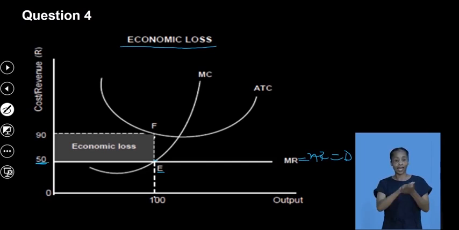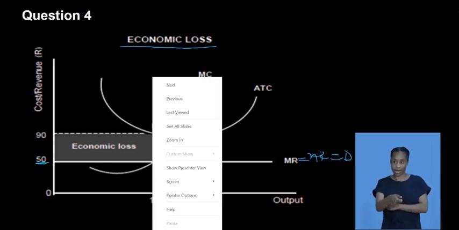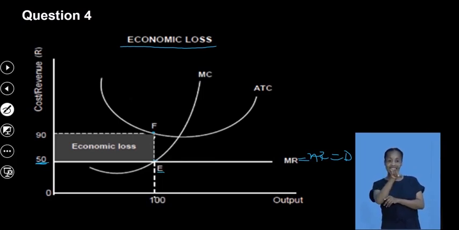This is our price. Where our profit maximization line touches our AC, that is our cost. So this is our price, this is our cost, and that's our quantity. That is typically our economic loss graph. Let's go look at the questions now.